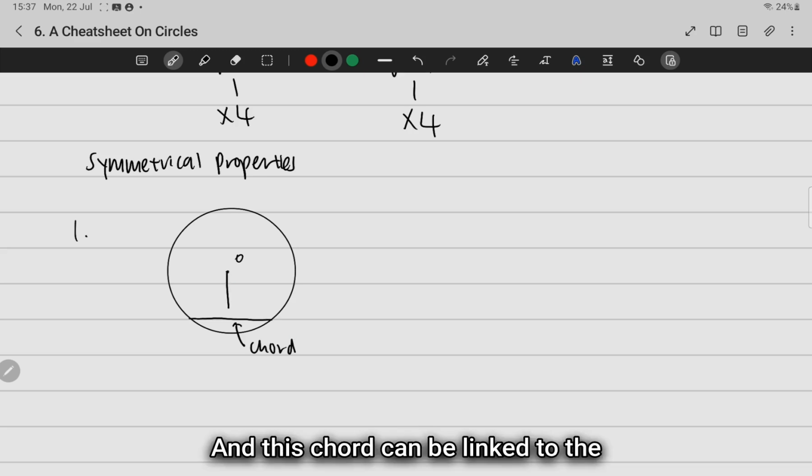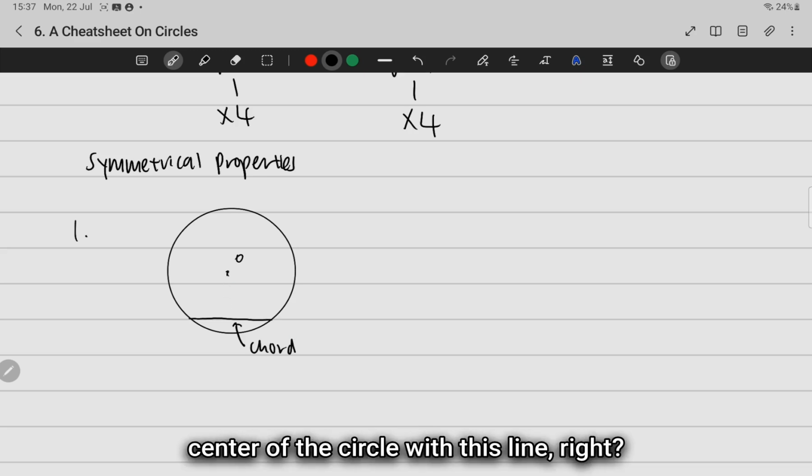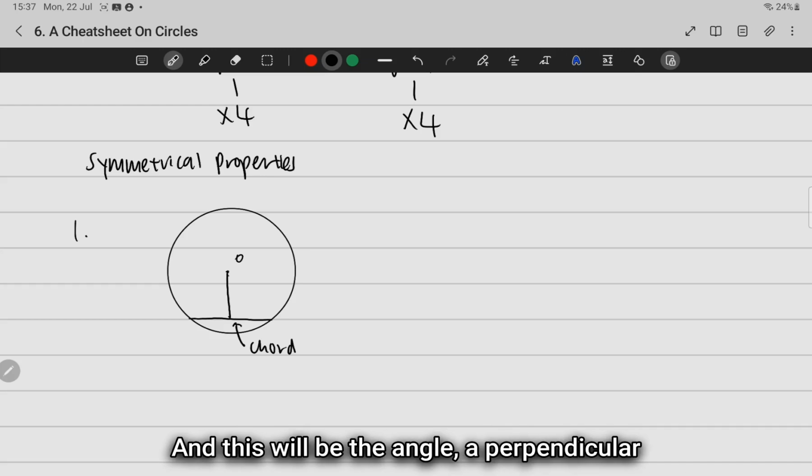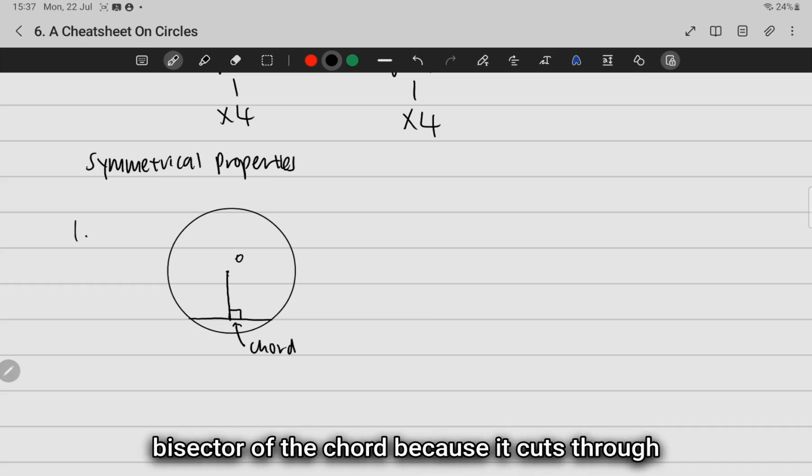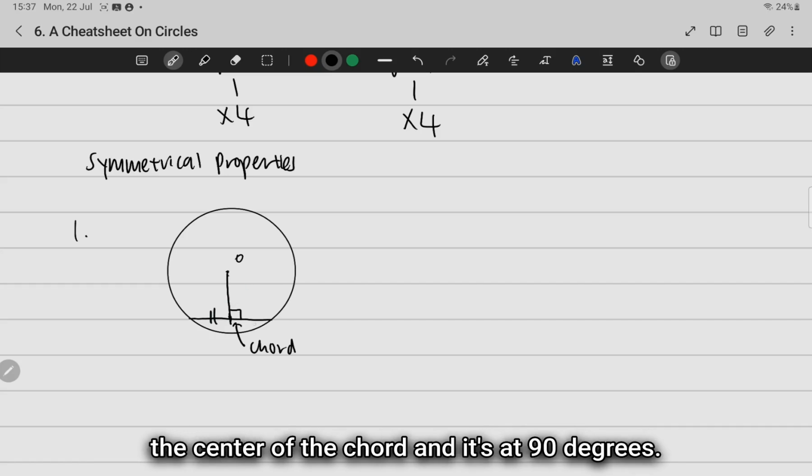And this chord can be linked to the center of the circle with this line, right? And this will be the perpendicular bisector of the chord, because it cuts through the center of the chord and it's at 90 degrees.